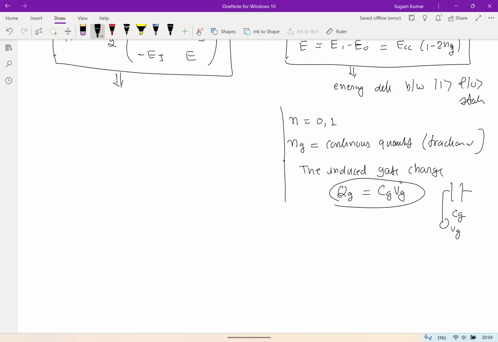This much. And this QG is also equal to, let's say, Ng into 2E, correct? So you can see that this Ng from this equation comes out to be CG and VG upon 2E. So that is the expression for the Ng.